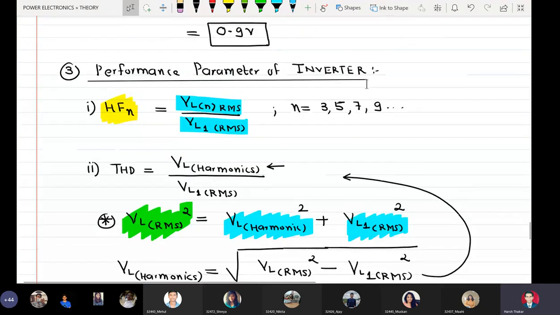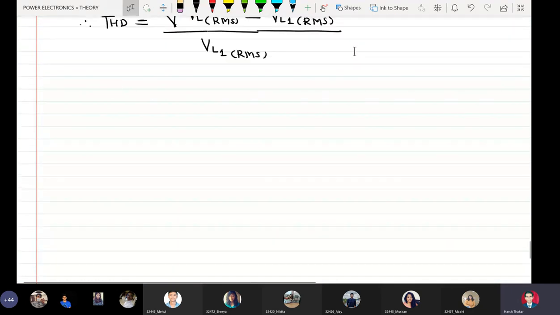And the next performance parameter of the inverter is called DF. So third is the distortion factor DF.